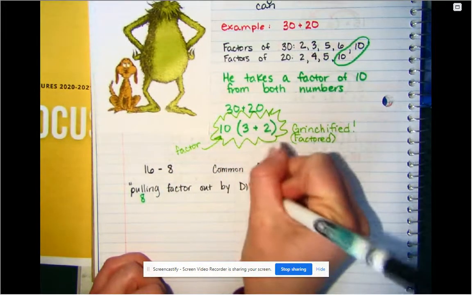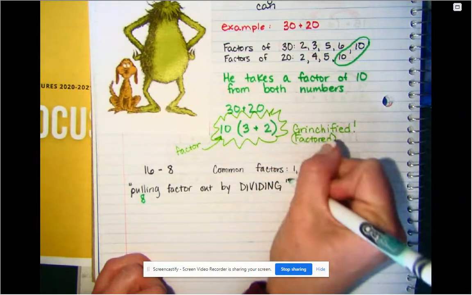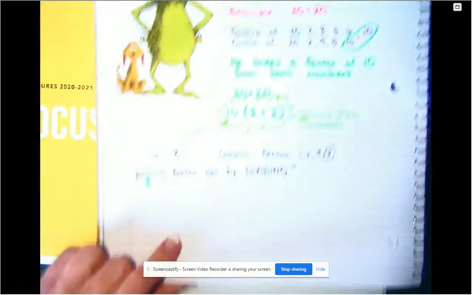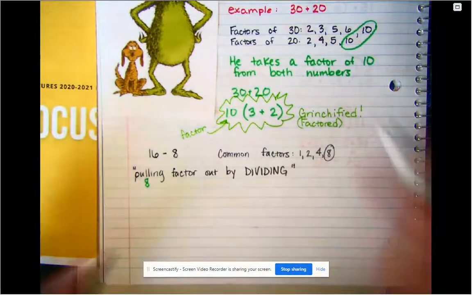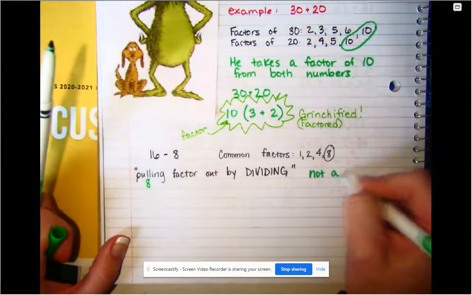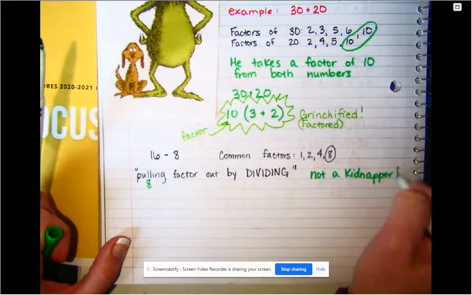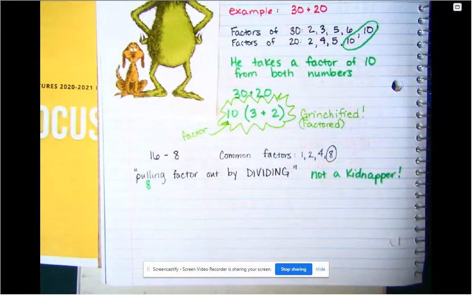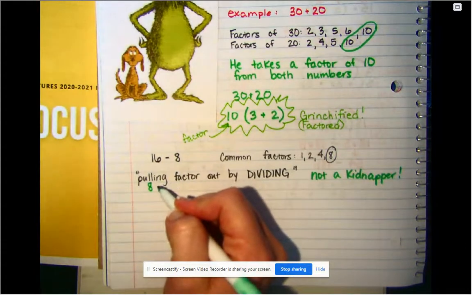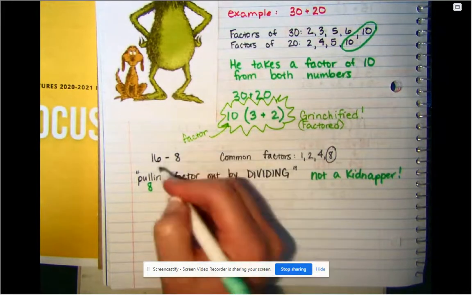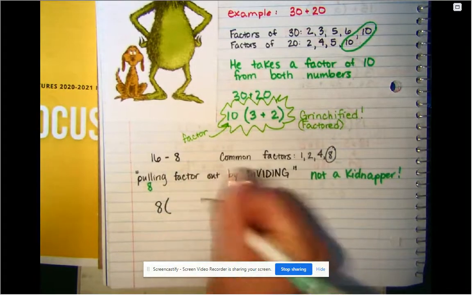And this is important because one thing you need to know about the Grinch is he is not a kidnapper. He will always leave something behind. So in the expression 16 minus 8, and we're going to pull the 8 factor out by dividing, I have my 8 out here.